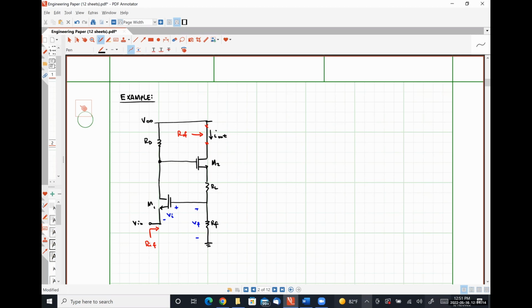And on the right-hand side, we have some sort of common drain or source follower amplifier, where we've also got this feedback network that's linking this node to the gate of transistor M1. Okay. So what's our feedback network look like in this case? Here's port 1. Here's port 2. The bottom node, as always, is ground.